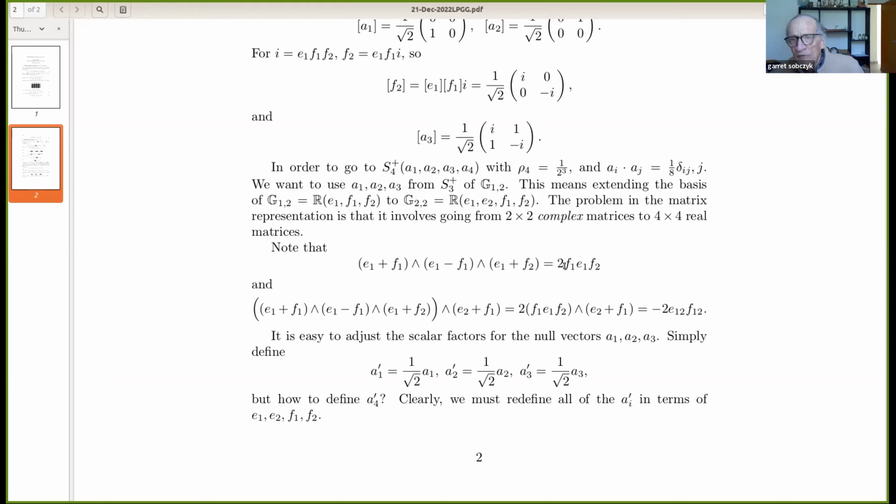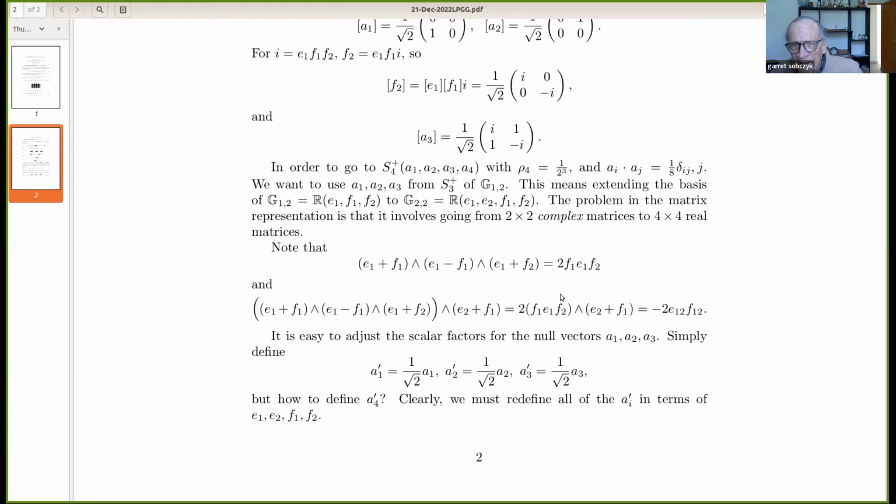We can write it more standardly by anti-commuting E1 and F1, and you get minus 2 E1 F1 F2. So that's the trivector of the geometric algebra G1,2 here. And these are basically A1, A2, and A3.